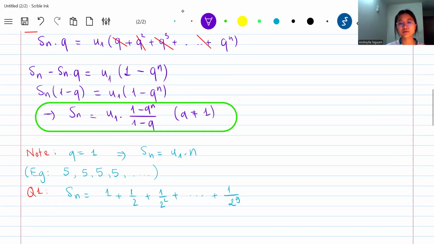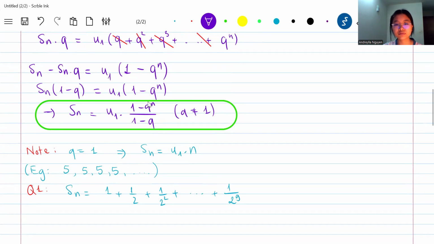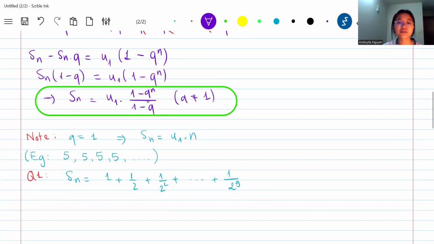When you see this, you have to notice that this is the sum of the first 10 terms of a geometric sequence.